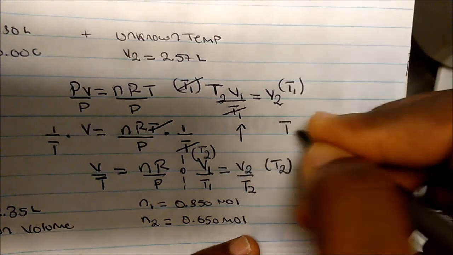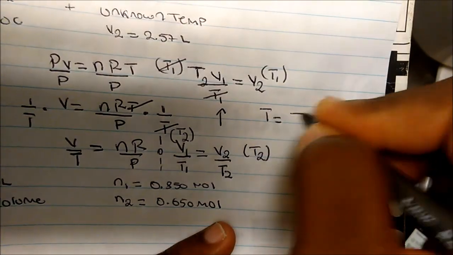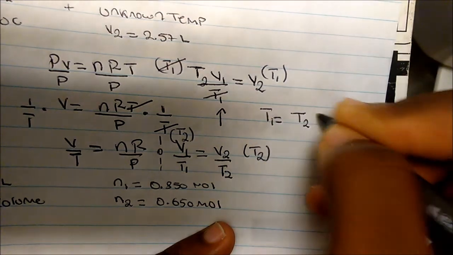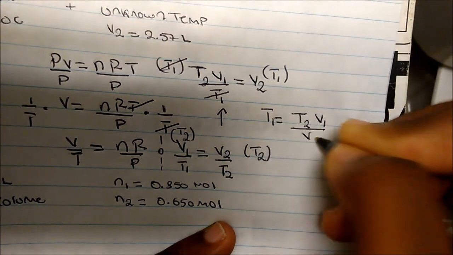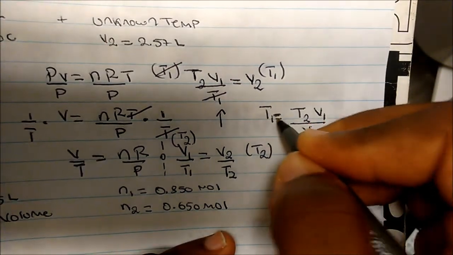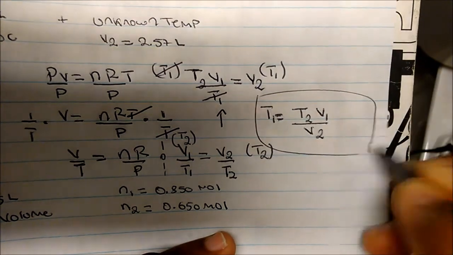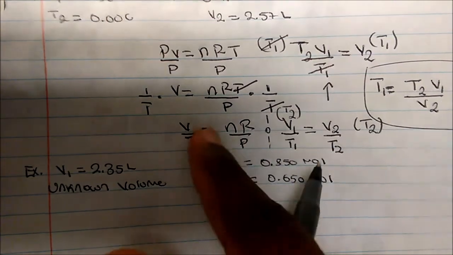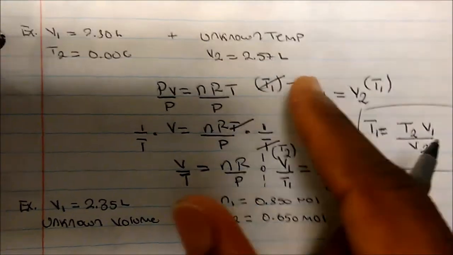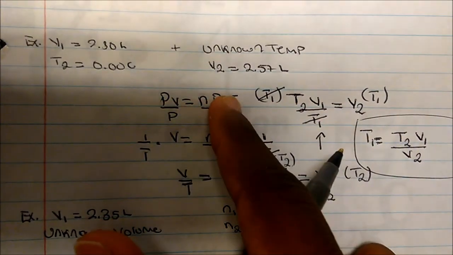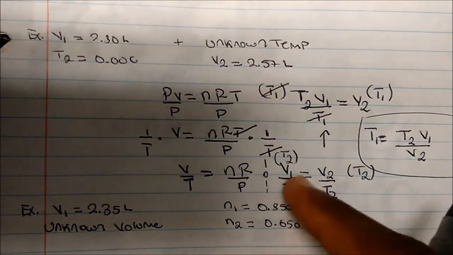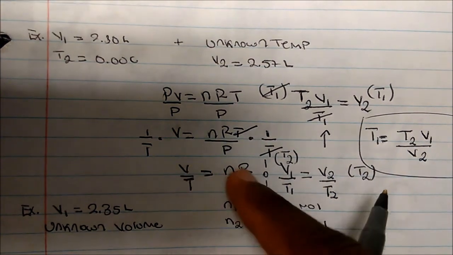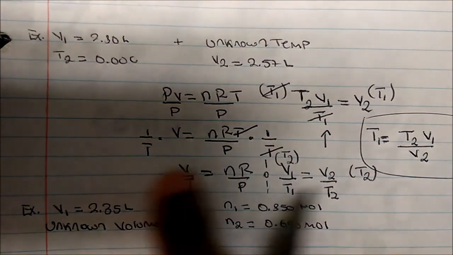And so in this case, T1 is going to be equal to T2 V1 divided by V2. So this would be the formula that we'll actually use to plug in. Okay. But the idea is, this is the major part. How do we go from PV is equal to nRT to V over T is equal to nR over P, and then in that case we could just drop everything. Okay.